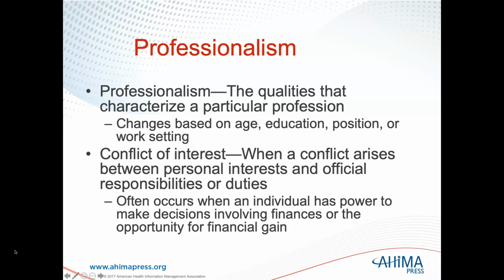It can be as simple as someone who has a sibling, a brother or sister, who works for a company, and that company makes a product that the hospital decides it needs. If that person is on the team that is deciding where to award the contract, and they don't disclose that their sibling works for the company that they're pushing hard to get that contract, that is a conflict of interest.